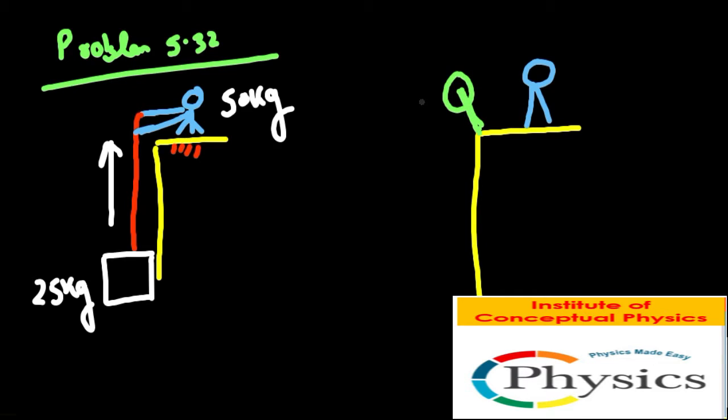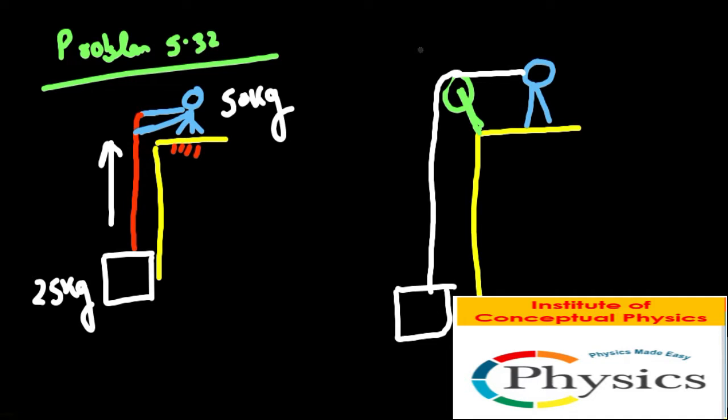He connects this massless pulley to the wall, and then he runs a string which is going through the pulley and going then downwards, okay? And as it goes down, now the effort is different, okay?